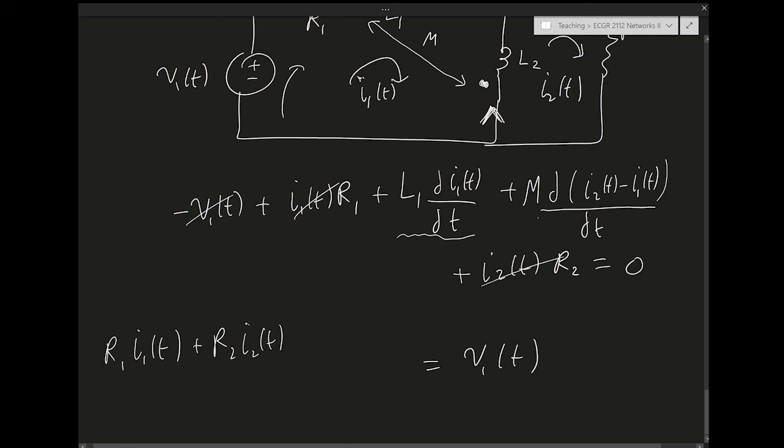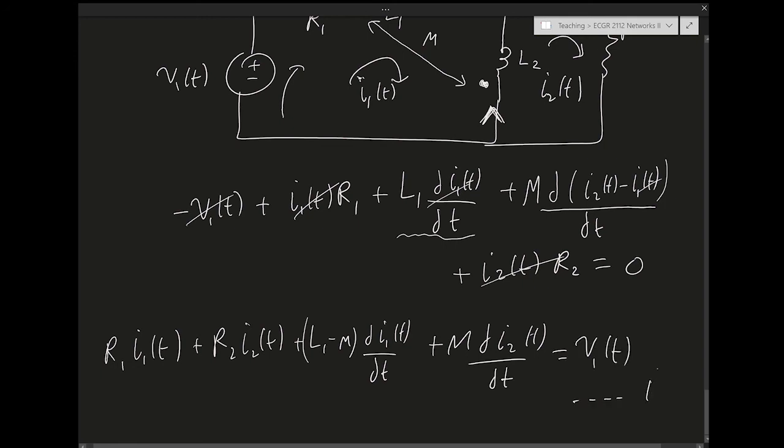And then I have di1 by dt, and then minus di1 by dt with the constants L1 and m. So I have plus (L1 minus m) di1(t) over dt. And then I have plus m di2(t) over dt equals V1 of t. This is mesh equation number 1.